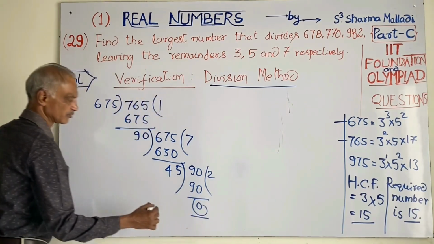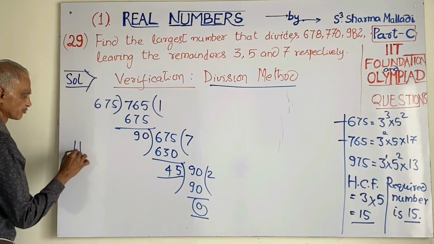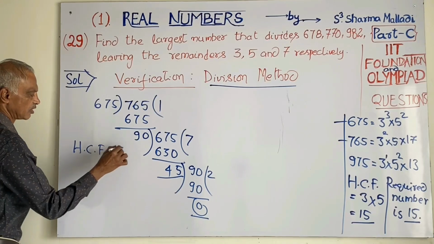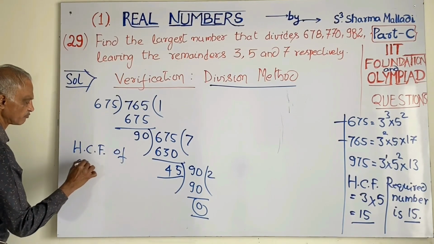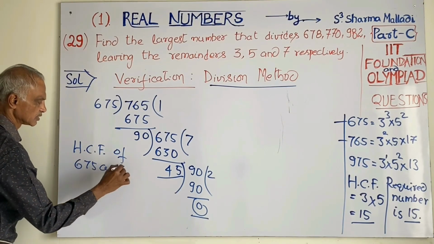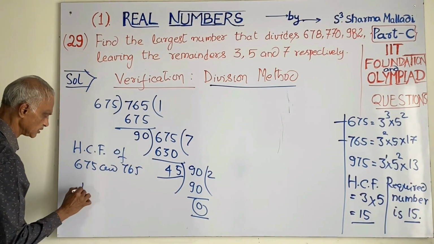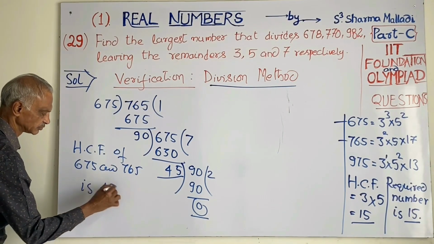Remainder is 0. So the HCF of 675 and 765 is 45.